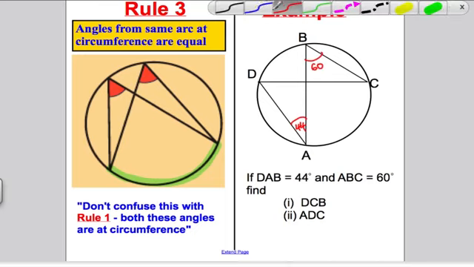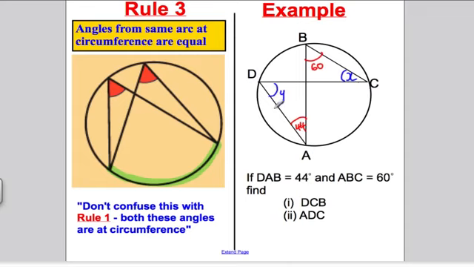It asks us to find DCB, that one, and it asks us to find ADC, that one. So we've got to find these. Now, obviously, X and Y are either 44 and 60. It's about getting it right.